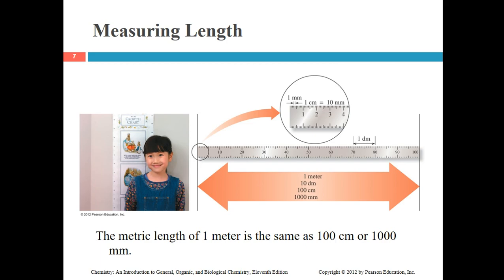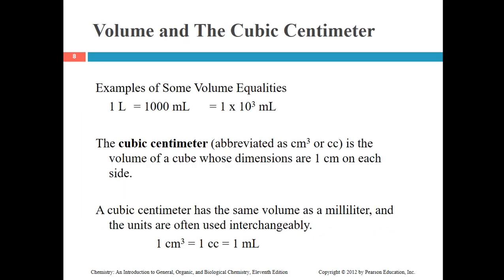The next slide, the metric length of 1 meter is about the same as 100 centimeters, or 1,000 millimeters. Well, it's exactly the same as that amount. But if you're still not sure what a meter's length is, think about just a little bit longer than a yardstick. Even though they quite often say you shouldn't think of it that way, sometimes it does help to think of it that way.